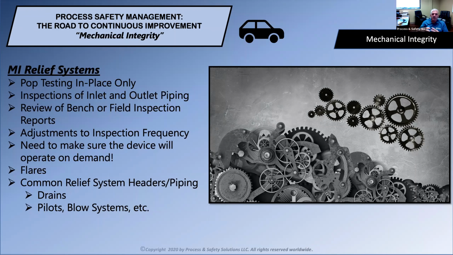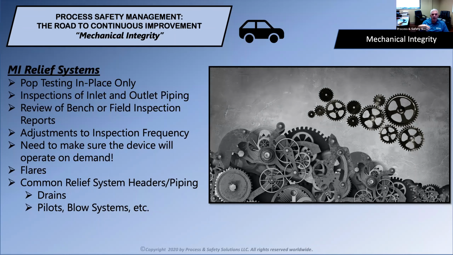There's no inspection of the inlet and outlet piping. Remember, one of the modes of failure of relief devices is inlet and outlet pipe failure. So a pop test in place only doesn't give you that information.